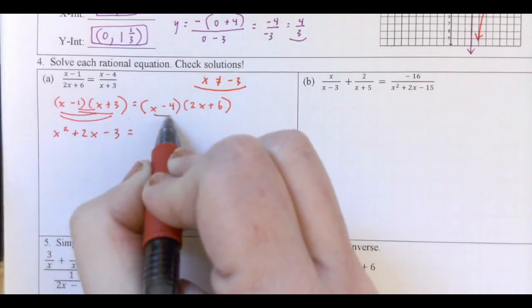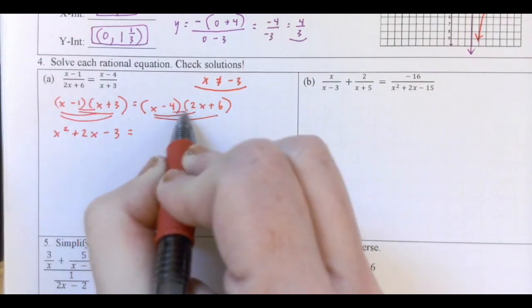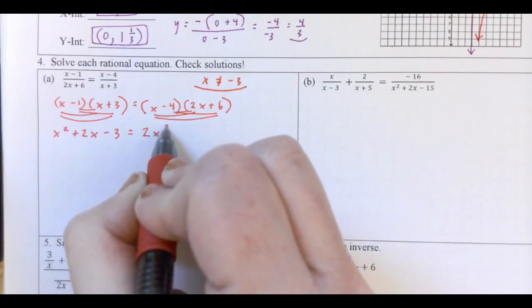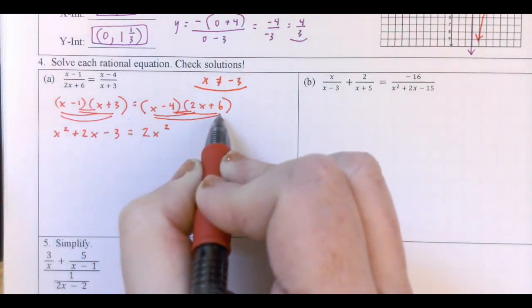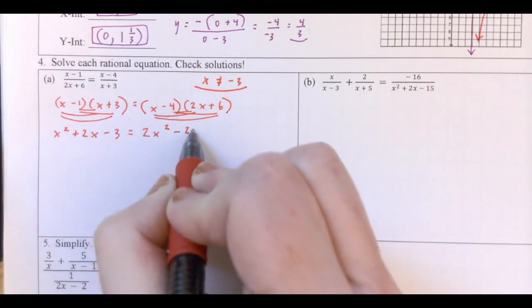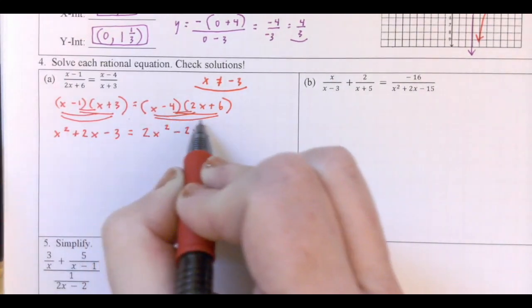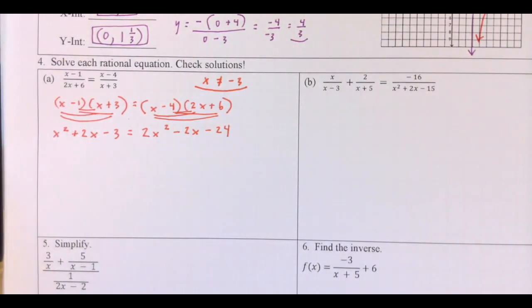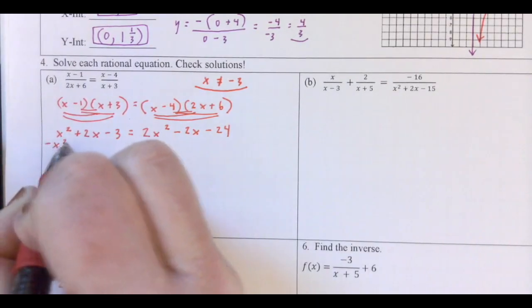Okay, on the right, first, outer, inner, last. So that first is 2x squared. The outer is plus 6x. The inner is minus 8x, so minus 2x overall. And then the last, I have a minus 24. Okay, combine like terms. So let's pull to the right. Let's subtract the x squared over.